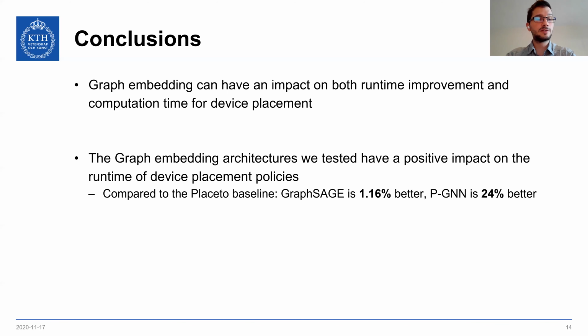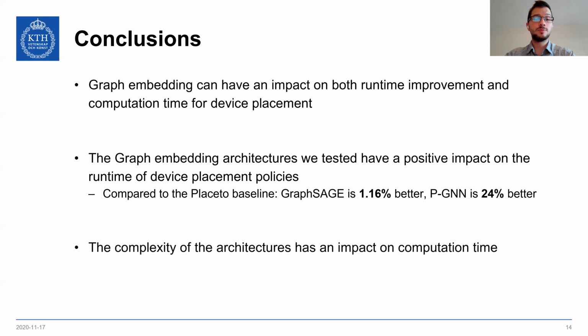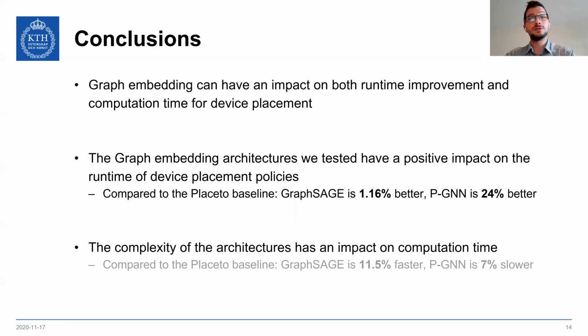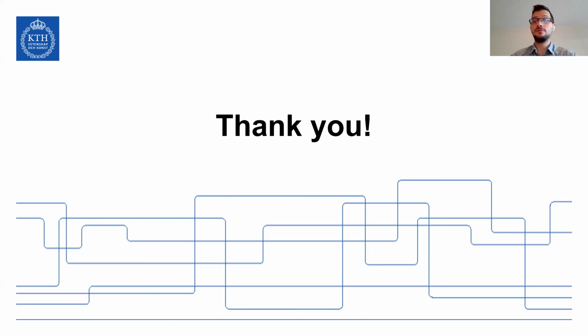Adding locality to the graph embedding produces better runtime improvement, but the additional complexity comes at the cost of longer computation time. In terms of computation time, we observe that the graph embedding architecture complexity has an impact. GraphSAGE is 11% faster than Placeto, and the added locality of PGNN makes it almost 7% slower. This concludes my presentation, and thank you for the attention.